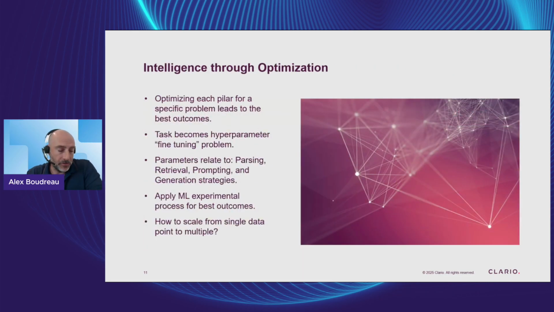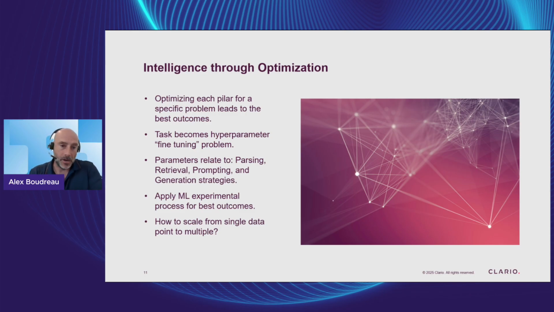And what we found, in fact, is that you can achieve some really high reliability, high accuracy results, and what we call intelligence through optimization, right? By optimizing each of these pillars for your use case, you can actually achieve really, really high quality results. And the problem becomes essentially a fine tuning problem, similar to traditional ML, where you're fine tuning your model, right?